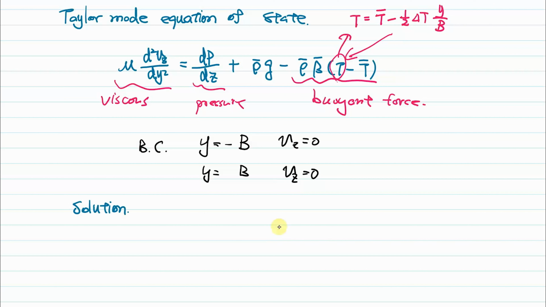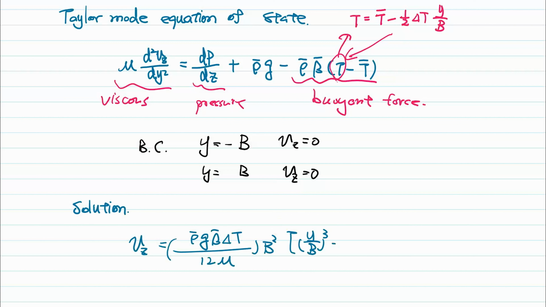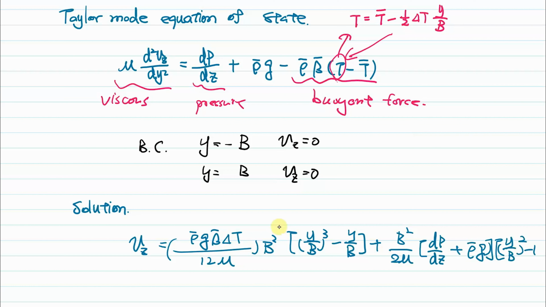The solution is vz equals delta T over 12 mu times b squared times (y over b cubed minus y over b), plus b squared over 2 mu times (dP dz plus rho bar g) times ((y over b) squared minus 1).